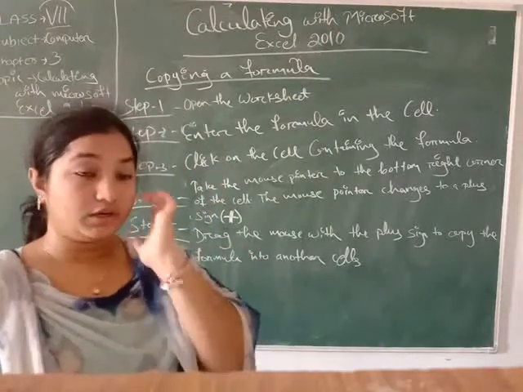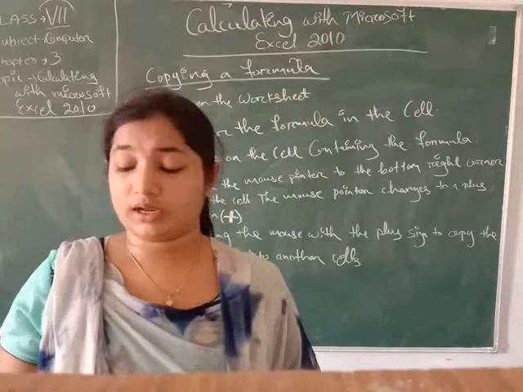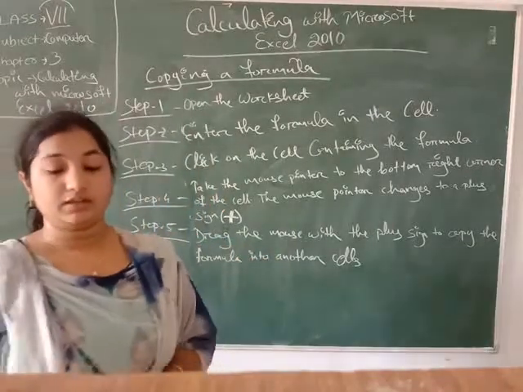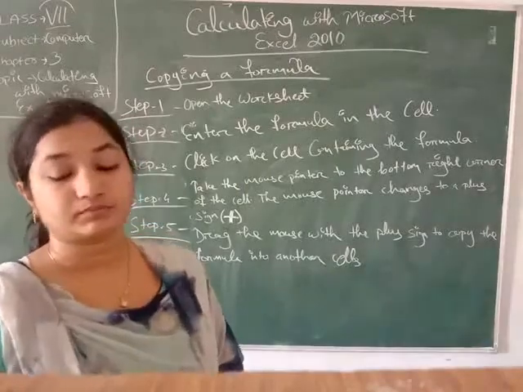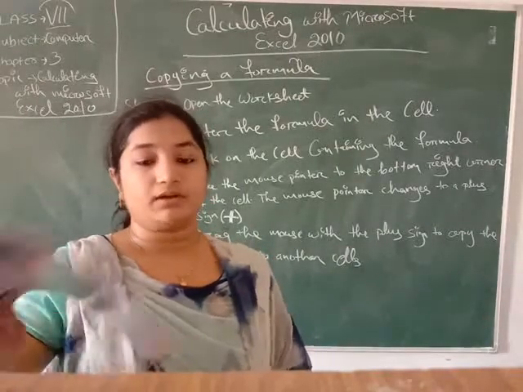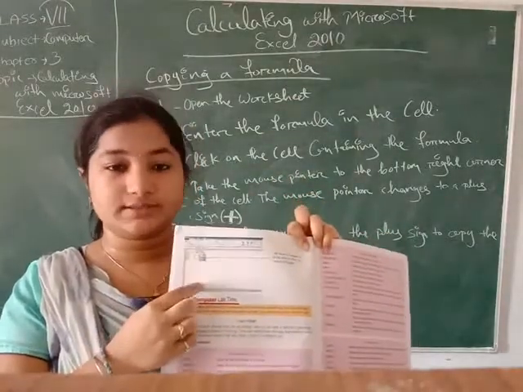We only have to drag that cell and we can copy the formula. After copying the formula, the result will appear in all the cells to which the formula is copied. Like this, the result will come in all the cells.